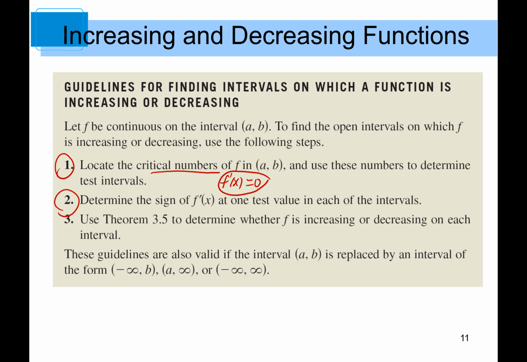Second, determine the sign of f prime of x at one test value in each of the intervals. Third, use the theorem to determine whether f is increasing or decreasing on each interval. Okay. These guidelines are also valid if the interval (a, b) is replaced by any of the 3 intervals involving infinities.